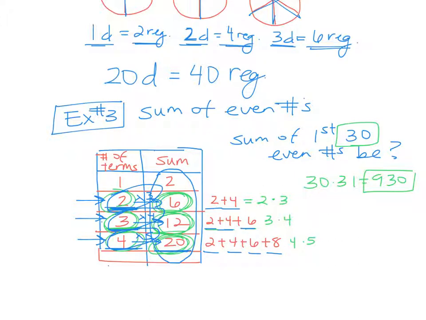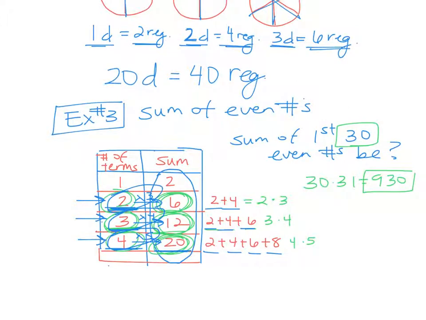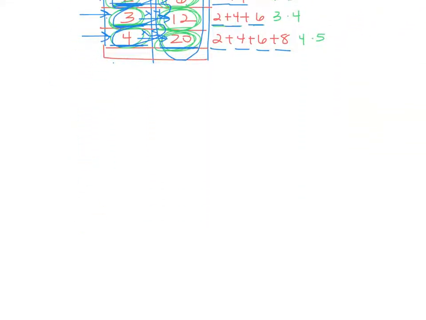Okay, last thing. Not all conjectures that you make will be true, right? It might look like you see a pattern, but if you kept going, it doesn't always work out that way. So that's when we find what are called counterexamples. We talked a little bit about those yesterday, and we're going to talk a little bit about them again today.